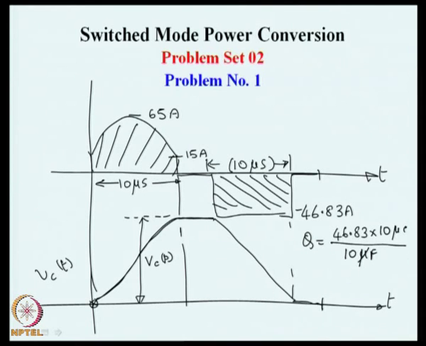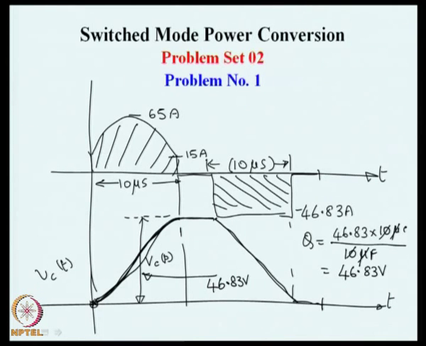So, micro, 10 and 10, what we get is 46.83 volts. So, this peak voltage that is seen on the capacitor will be 46.83 volts, and it will be a linear discharge here and a cosine, because the integral of sine is a cosine plus a ramp, and that is what you will see here.